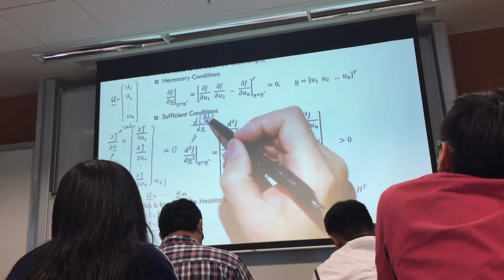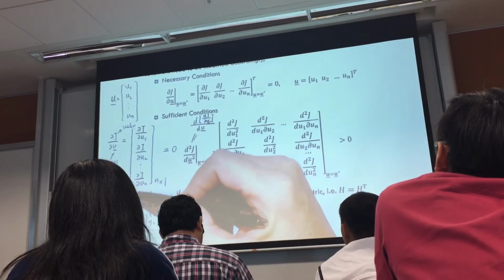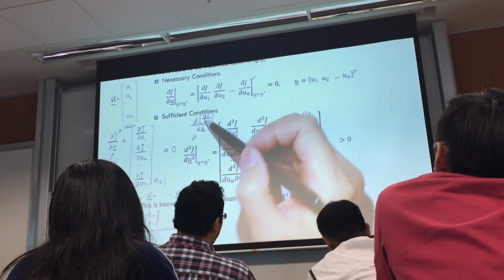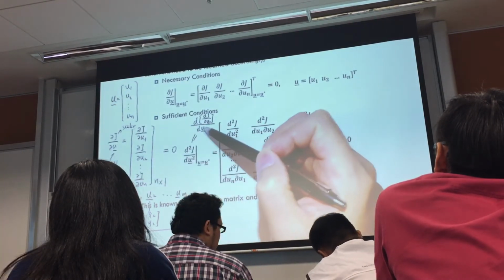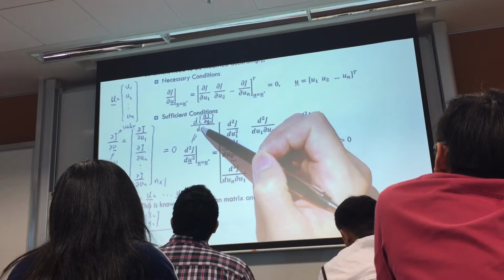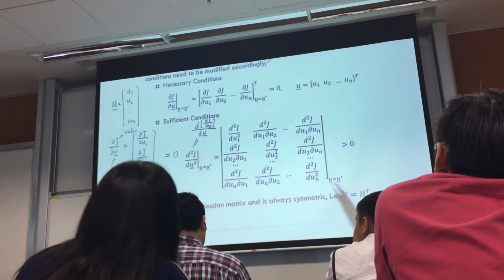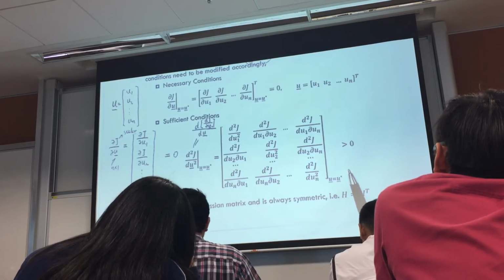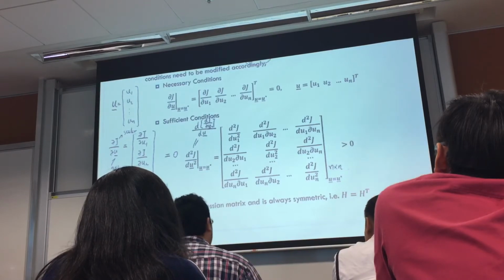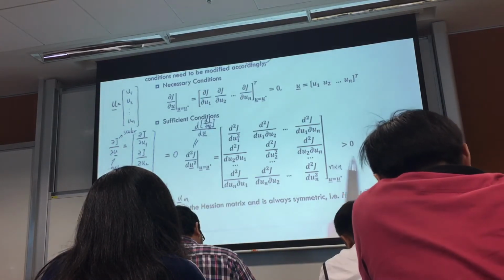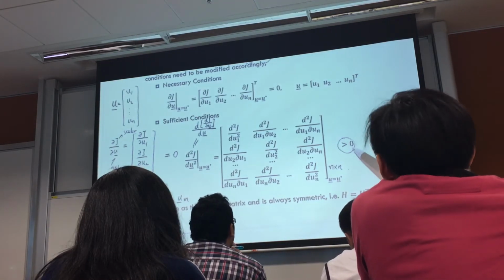But now dJ/du has already become a vector. So now you are evaluating the derivative of a vector in terms of another vector. In this case, you will get an n by n matrix. Now the question is how to evaluate this n by n matrix to be positive.